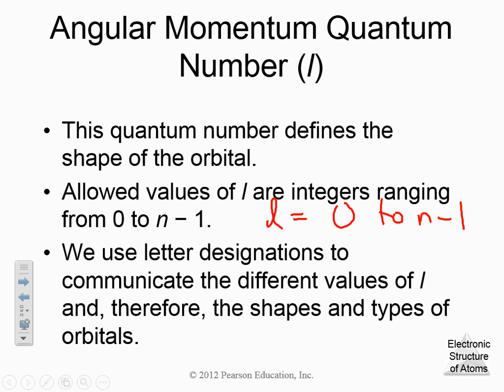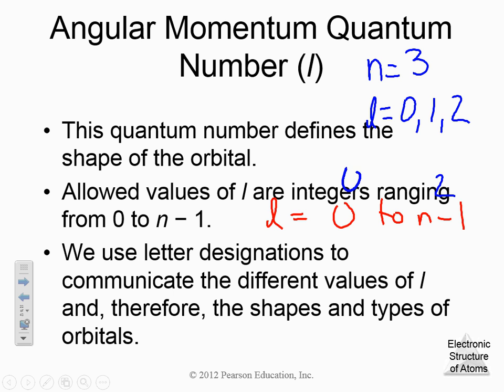Well, let's say my energy level is 3. So n equals 3. That means that L, my angular quantum momentum number, could be 0, 1, or 2. Because it's going to be 0 to n minus 1. 3 minus 1 is 2.